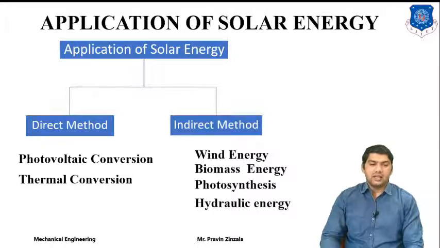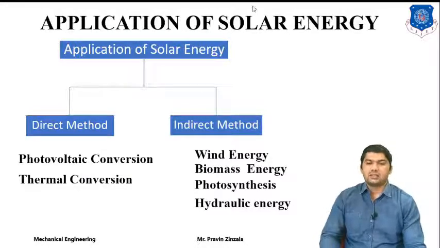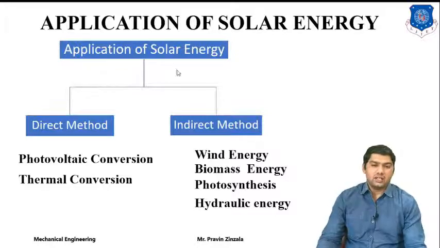Next is hydraulic energy, or we can also say that rain is due to solar energy. During the summer or during heavy heat, water is evaporated, and after condensation we receive the rain. So it is also one type of indirect method. So we utilize solar energy directly and indirectly.